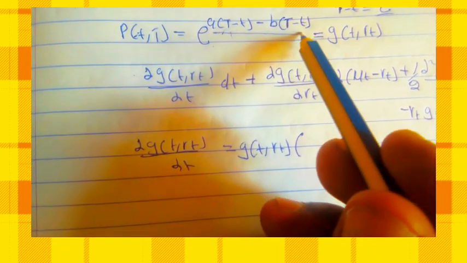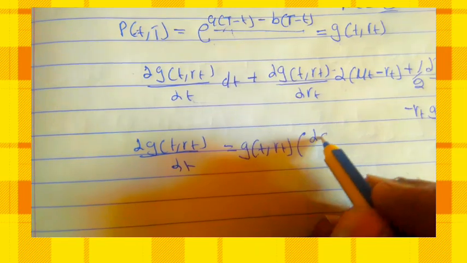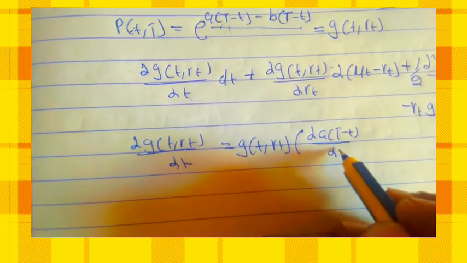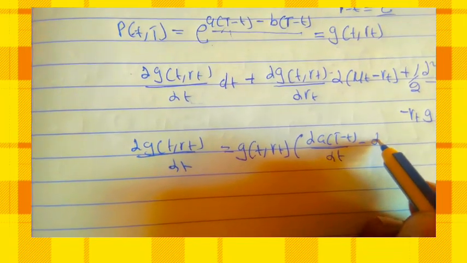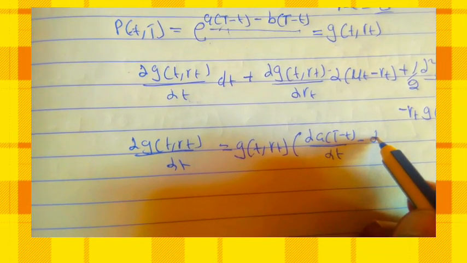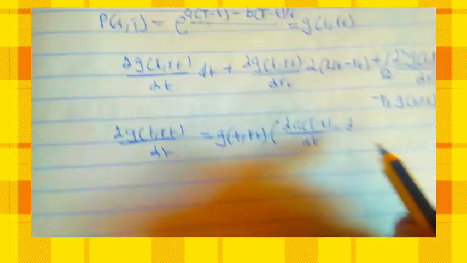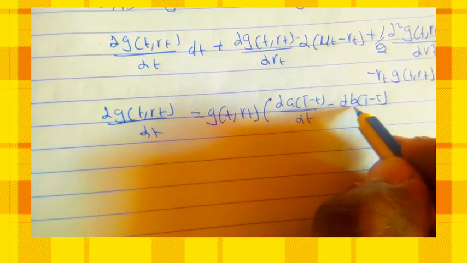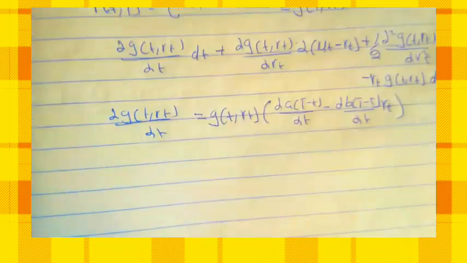We differentiate this part with respect to t: changing A(T minus t) over changing t, minus changing B, but remember, here we have r_t, so changing B(T minus t) over changing t times r_t.